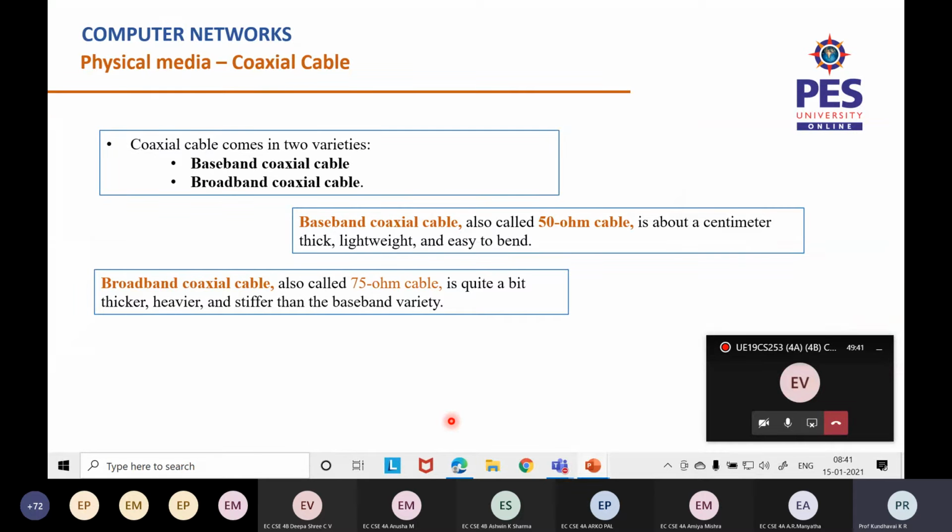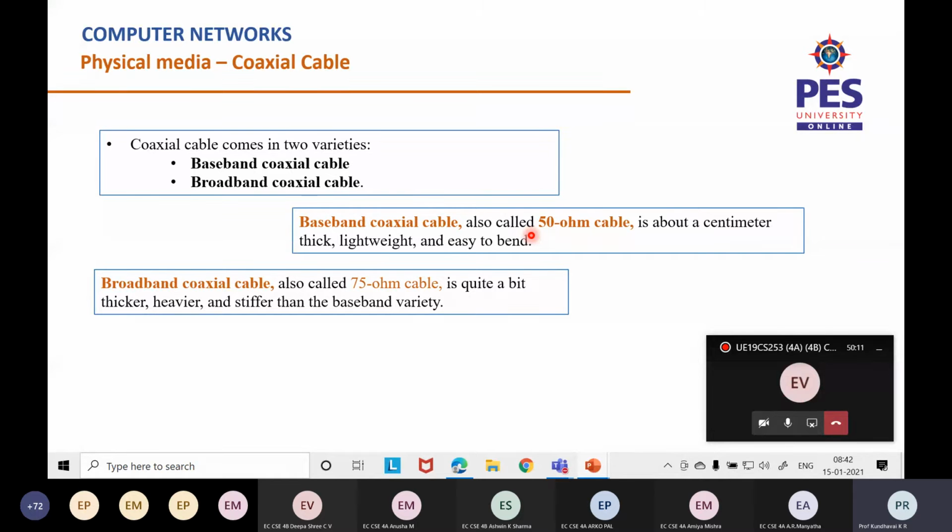Moving on to the next slide, coaxial cable on a general basis comes in two varieties: baseband coaxial cable and broadband coaxial cable. The difference is only in the thickness of the cable. You can see baseband coaxial cable is 50 ohm cable.